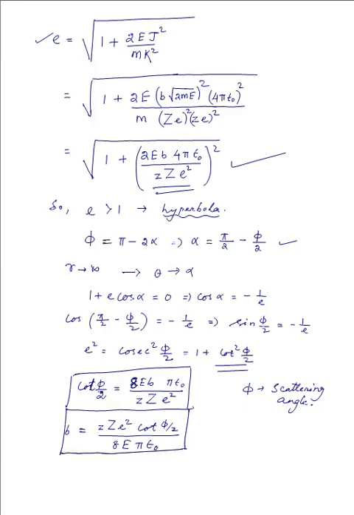Now, because we know the scattering cross-section formula, we wish to obtain the scattering formula that depends on the value of phi.